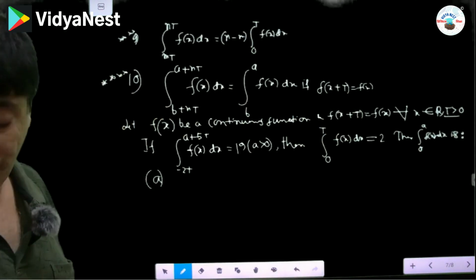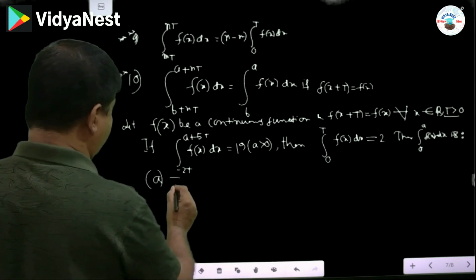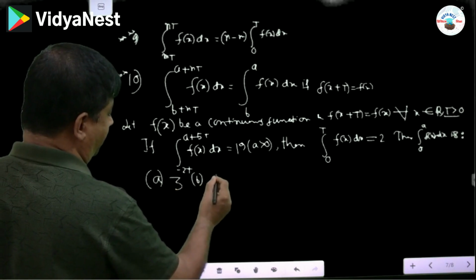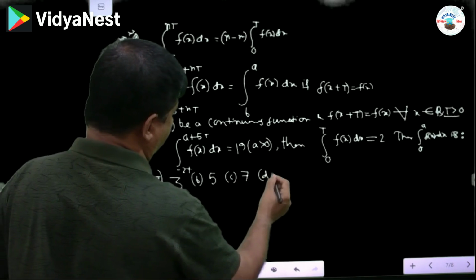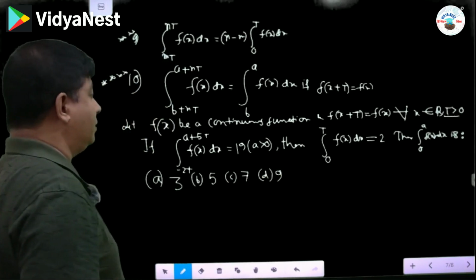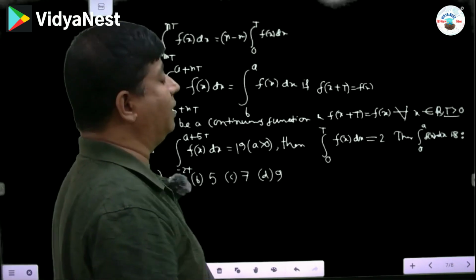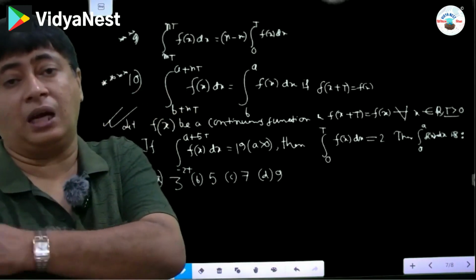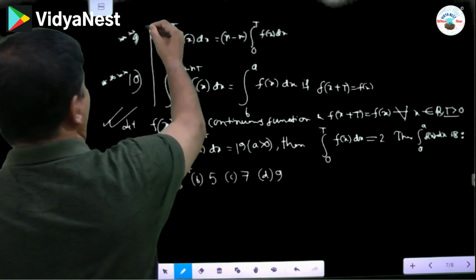There will be 4 options: 3, 5, 7, 9. And this is a sum of JEE Main level, using these two vital formulas.